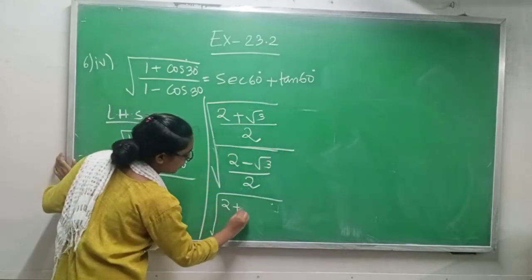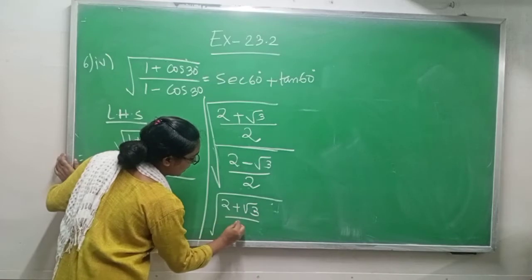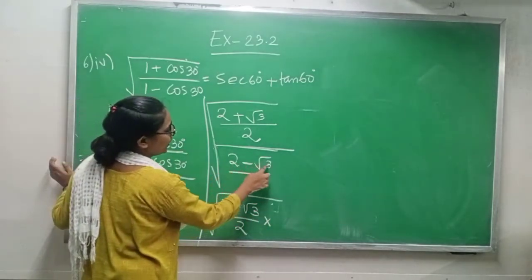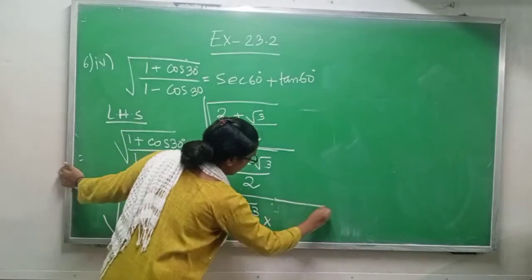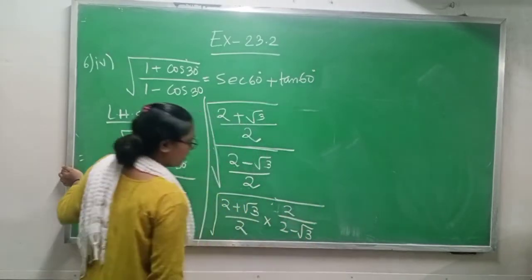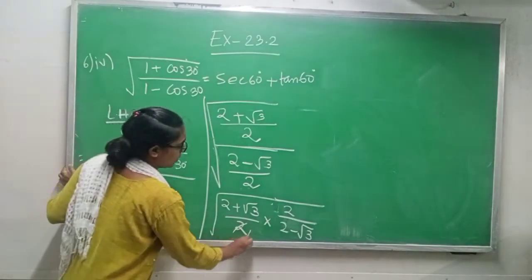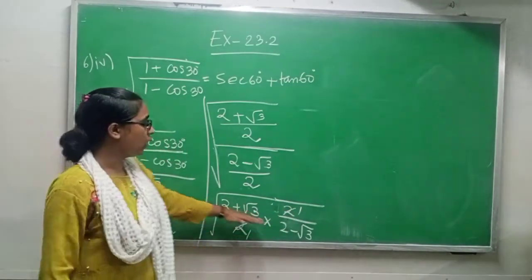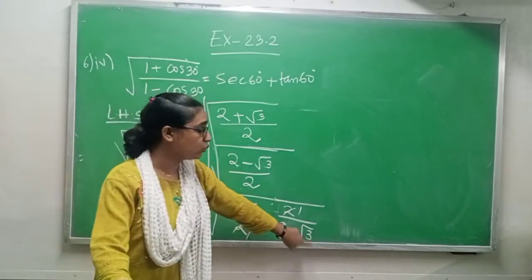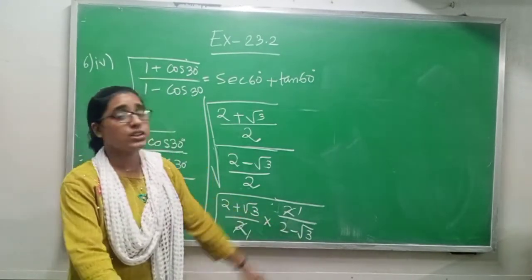It means you have to take the reciprocal, means you have to convert it into multiplication. When you convert into multiplication, this 2 by root 3 by 2 will become 2 by 2 minus root 3. Okay. Now you can see 2 ones are 2, 2 ones are 2. But this 2 will not cancel out, because we have the same numbers, 2 and root 3, but we have opposite sign.